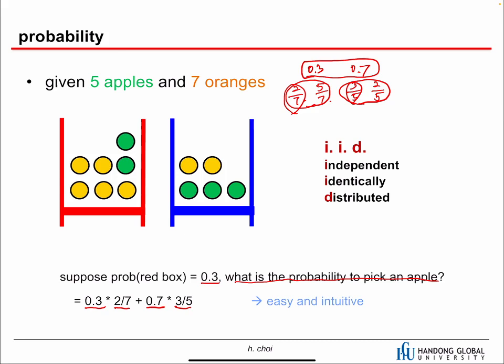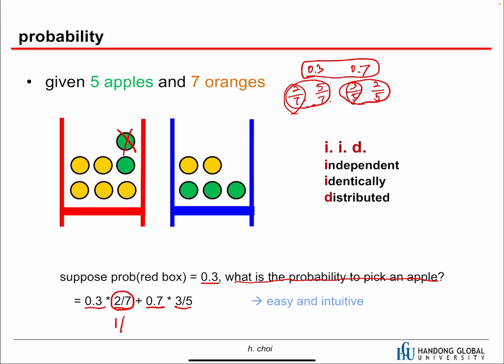Then there is the next question. Now we have picked one fruit. Maybe it could be an apple from the red box. Then what is the probability to pick an apple from this? Then this number should change, right?